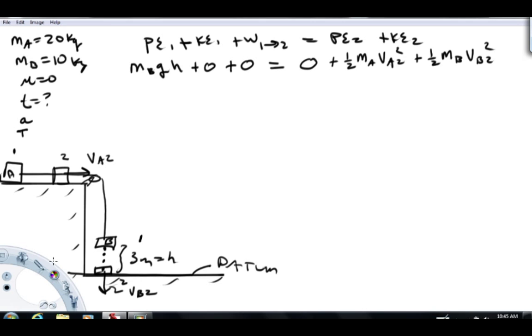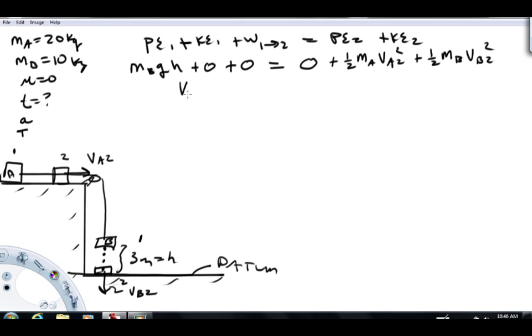So the next thing to do here is go through and just put in numbers and calculate the V's. Now I would take note of this: if mass B moves 1 meter, mass A also moves 1 meter. If mass B moves 3 meters, mass A moves 3 meters. As long as this rope doesn't stretch or break, the distance that each moves is the same, and these velocities are also the same.